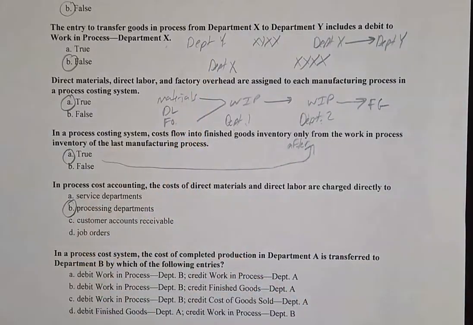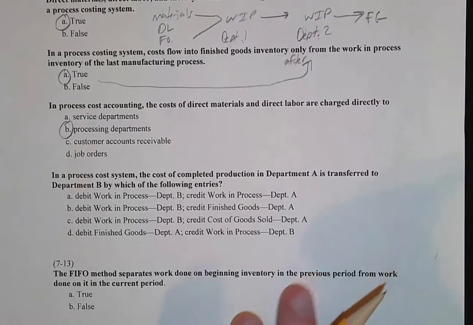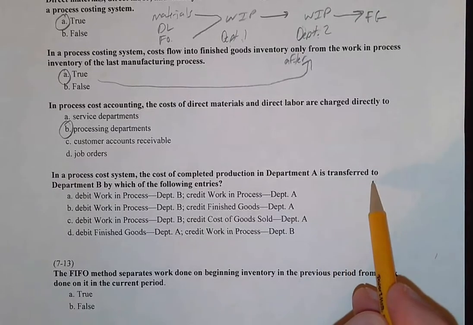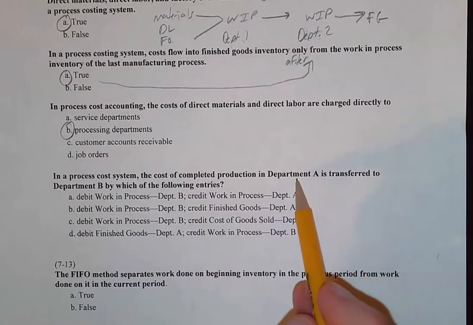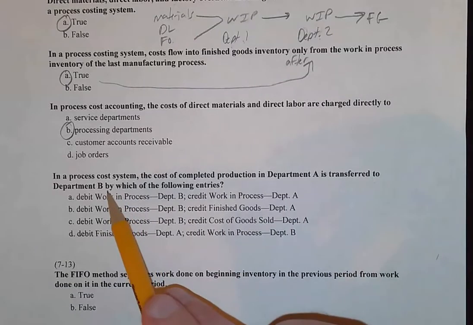It's just that we were calling it Department X and Department Y. So to answer this question, we say, okay, which department is losing work in process, basically, and which department is gaining work in process? And so it says, well, transferred to. So all of our costs from Department A are being transferred to Department B.